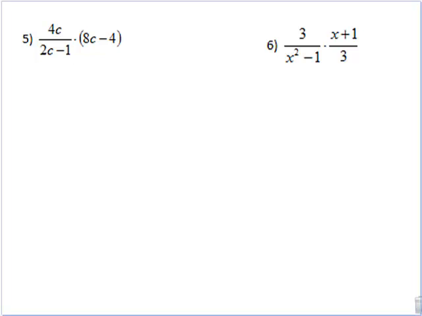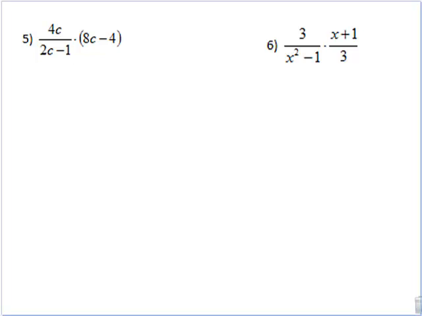Okay, number 5, we've got 4c all over 2c minus 1 times 8c minus 4. Do we see anything that we could factor in here? 8c minus 4.